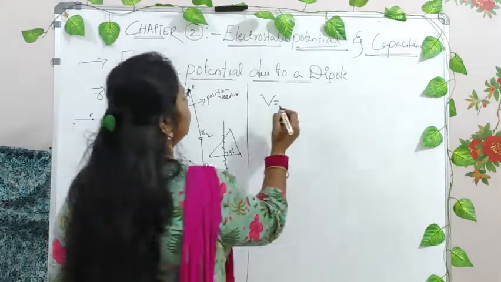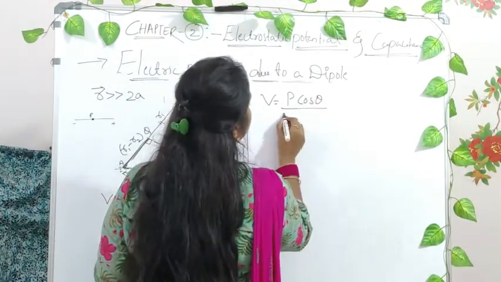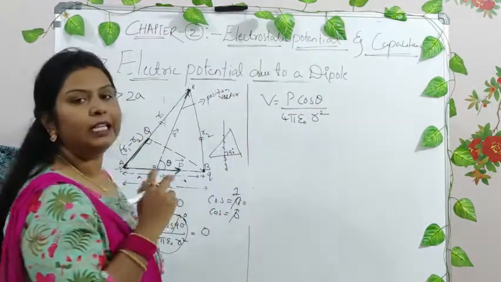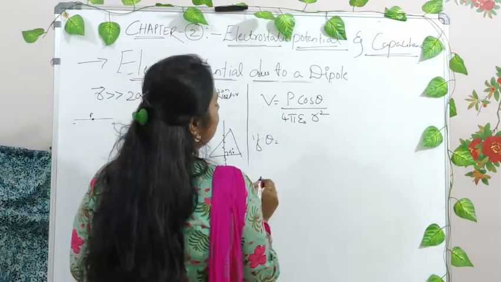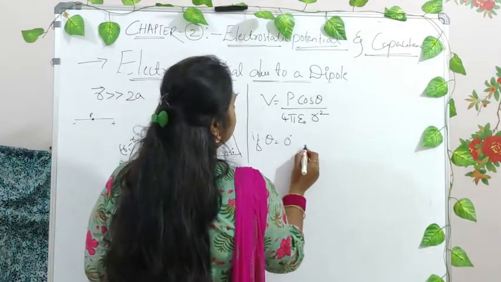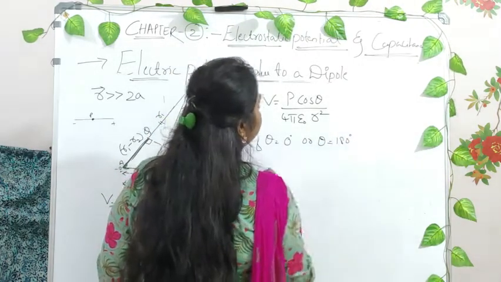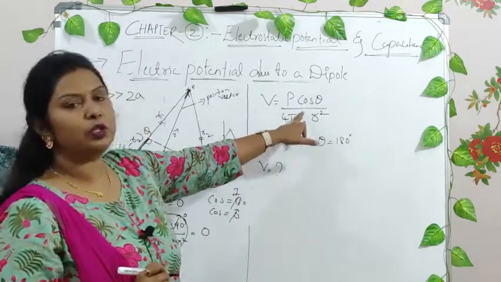What we have got? V is equal to dipole moment cos theta divided by 4 pi epsilon naught r square. We have two conditions. If theta is equal to 0 degrees or theta is equal to 180 degrees, what will be the potential? What will be the potential if theta is equal to 0?